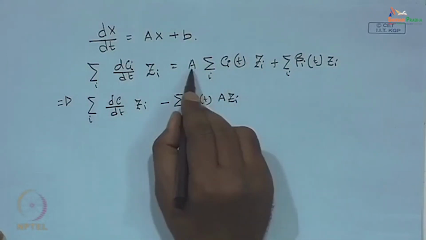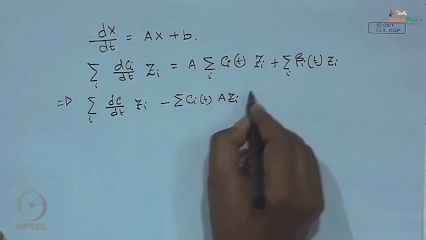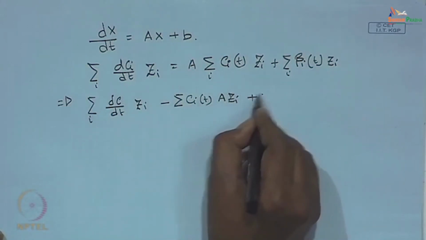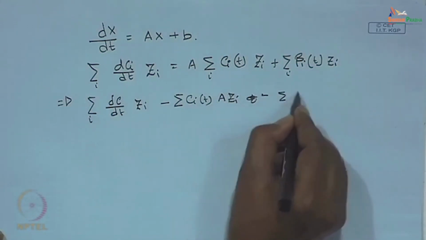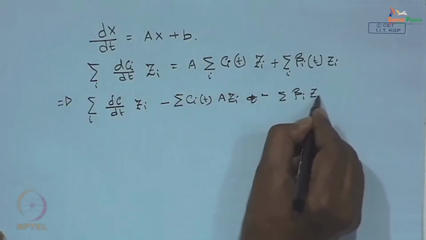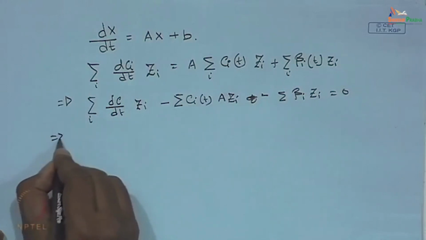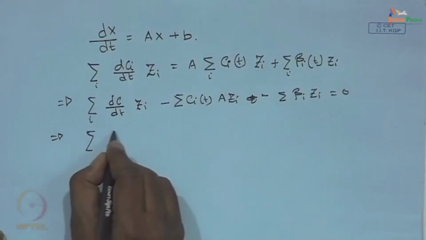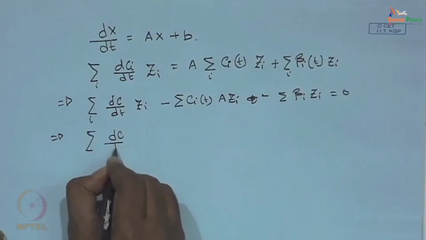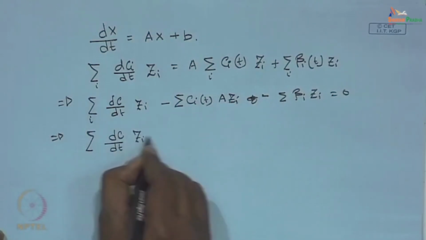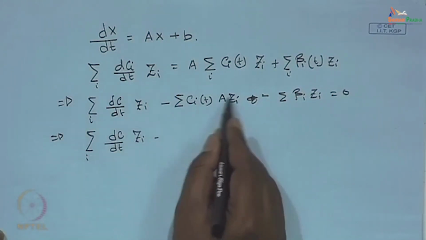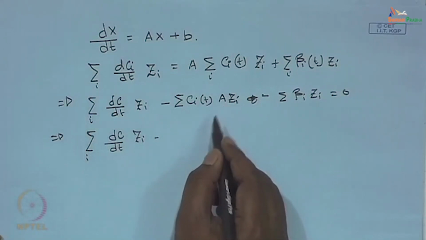Okay. So, the matrix is an operator. So, operating on z, minus the summation of beta_i z_i will be equal to 0. So, we have the summation of dc_i/dt z_i, and we identify that this A z_i is nothing but lambda_i z_i.